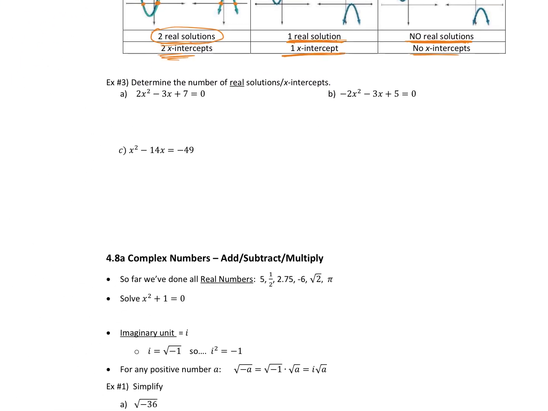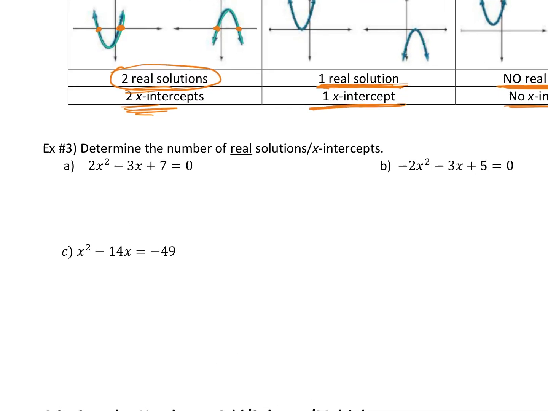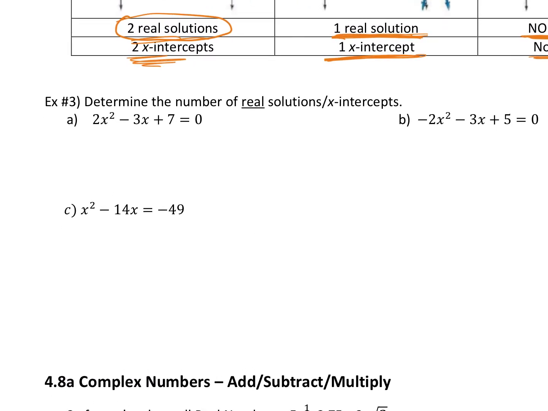So that's what they're going to ask you about here, which is to determine the number of real solutions. Do you need to plug in the whole quadratic formula? No. All you need to plug into is b squared minus 4ac. So b squared right now, what is b? b is -3, so we're going -3 squared. Don't forget the parentheses, please. Minus 4, what's your a? The 2, and your c is 7, okay?